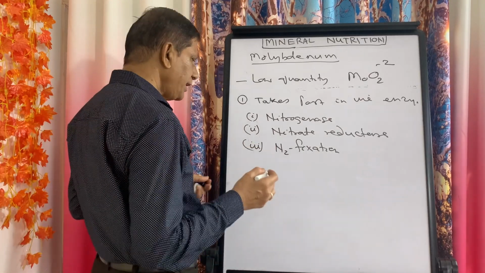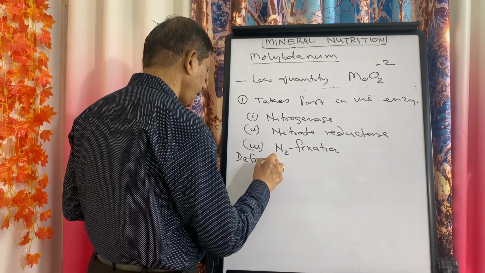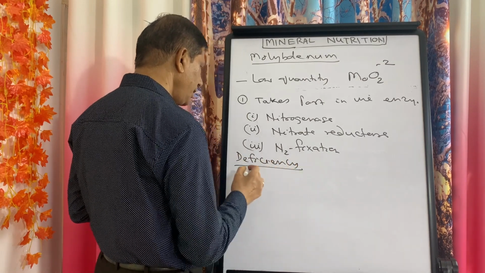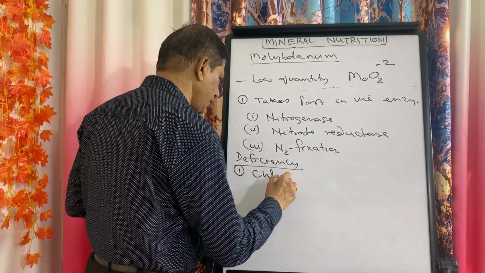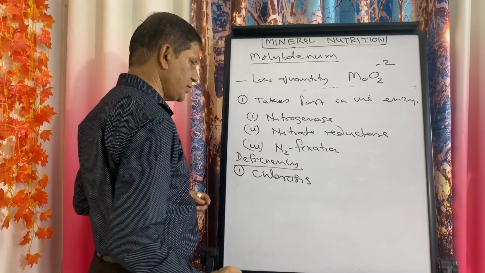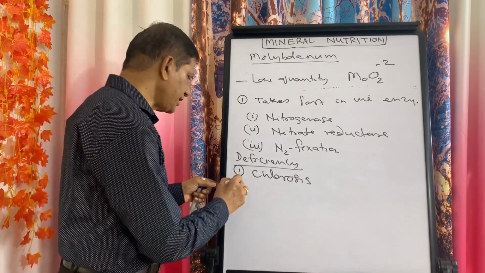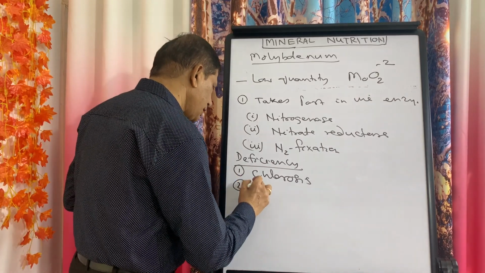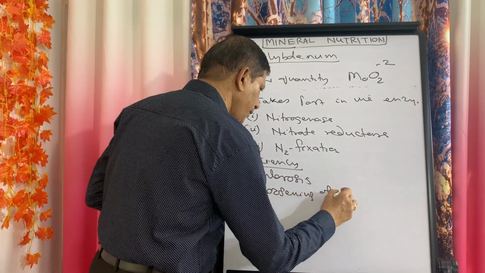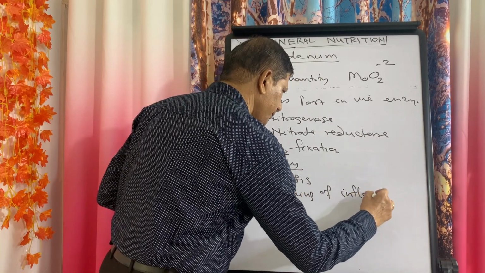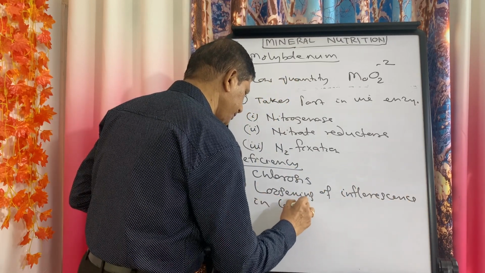Now if we come to the deficiency symptoms. One of the deficiencies is that it causes chlorosis. This is one of the important deficiencies. And the second deficiency is loosening of inflorescence in cauliflower.